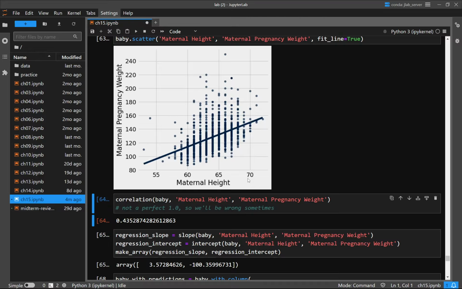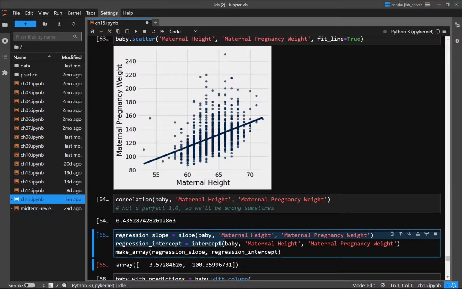But you see that we have a bunch of different points along this line that are not at all 115. So a bunch of different mothers in our data set. This line is predicting the best options that we could possibly have, but it's not going to predict everybody perfectly. So we would like to know, how far off are we?